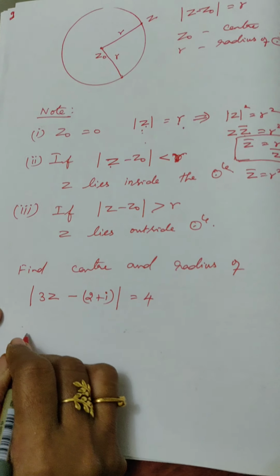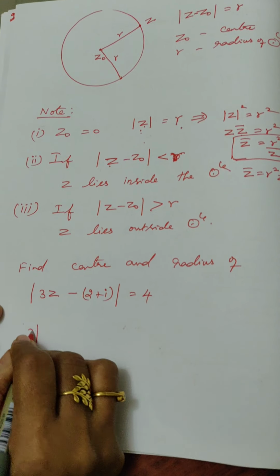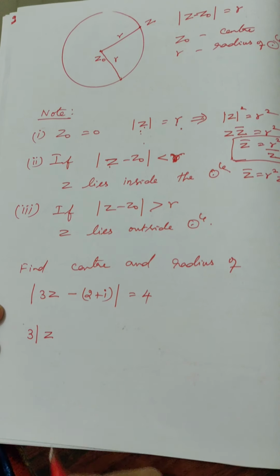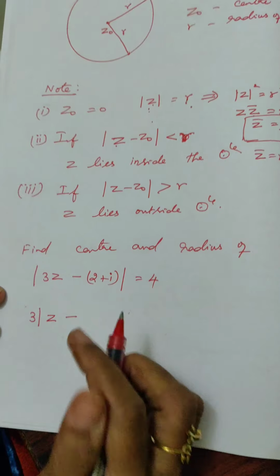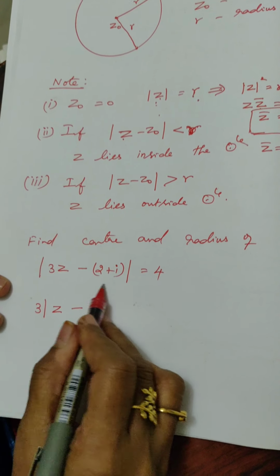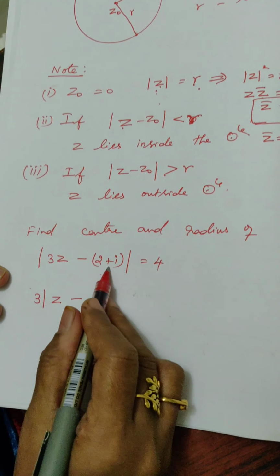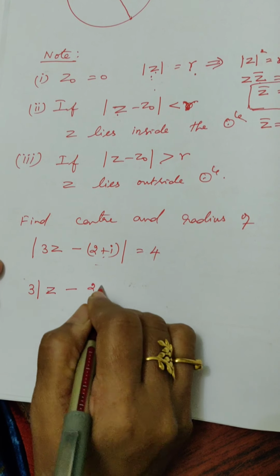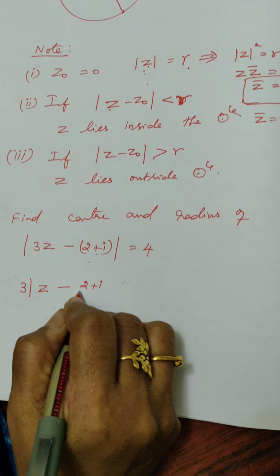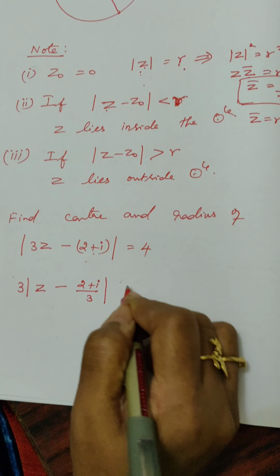So I am taking out 3. Instead of dividing by 3, I am taking 3 outside. So modulus of z minus (2 plus i) by 3 equal to 4.